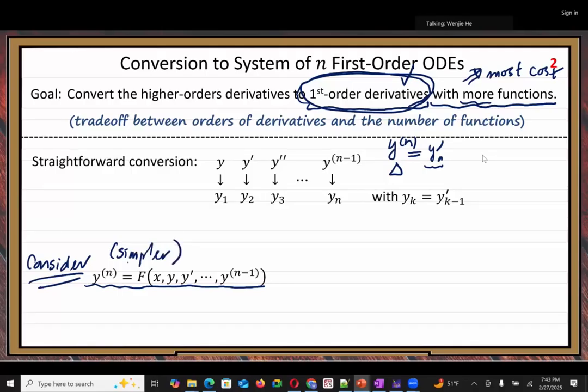Here we consider a simpler version of the general form, where we can solve for the nth order derivative of y.